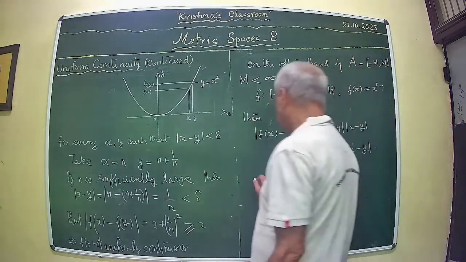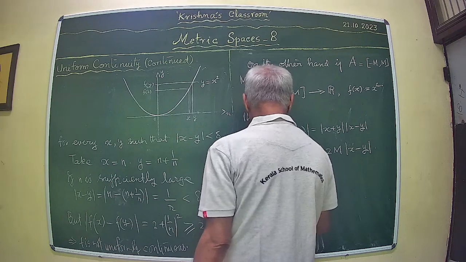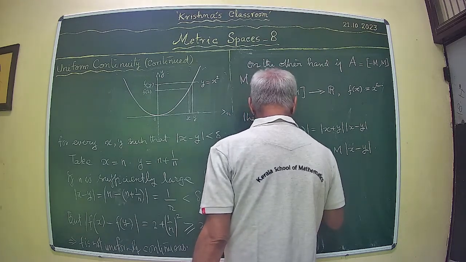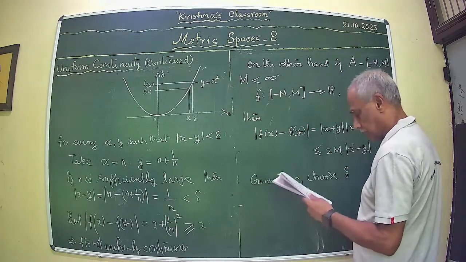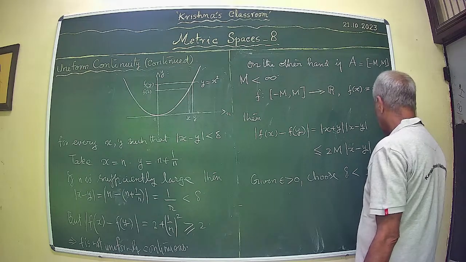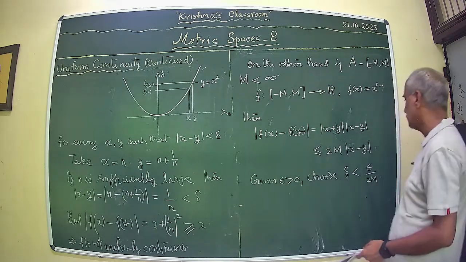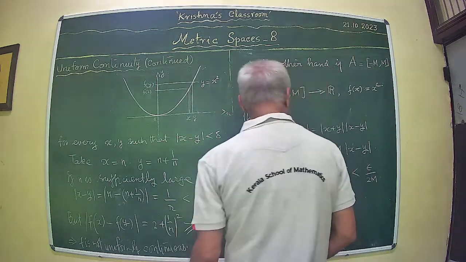So given epsilon, choose delta to be something less than epsilon by 2m, with this choice.